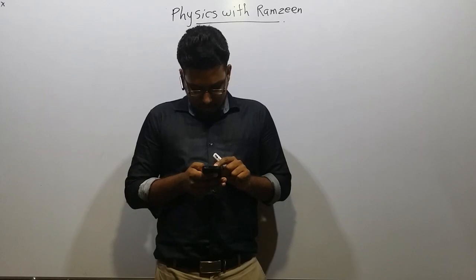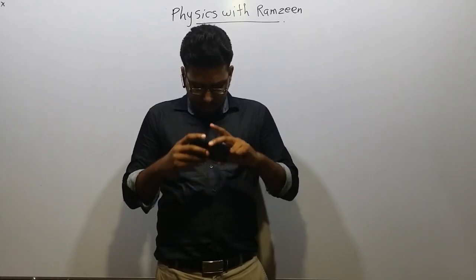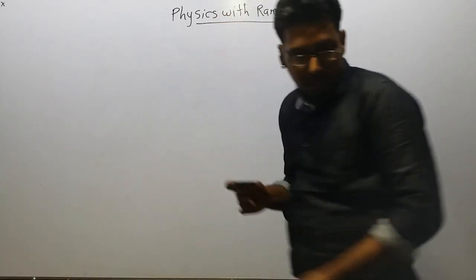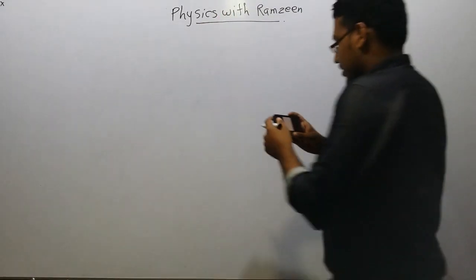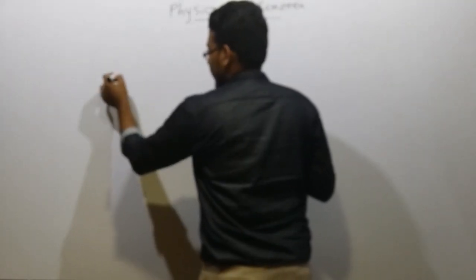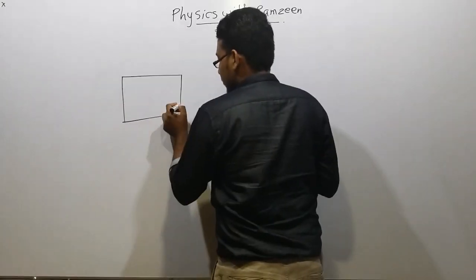Okay. First I draw the diagram and the picture given in the question. There is a vehicle in the question, so first I draw the vehicle.